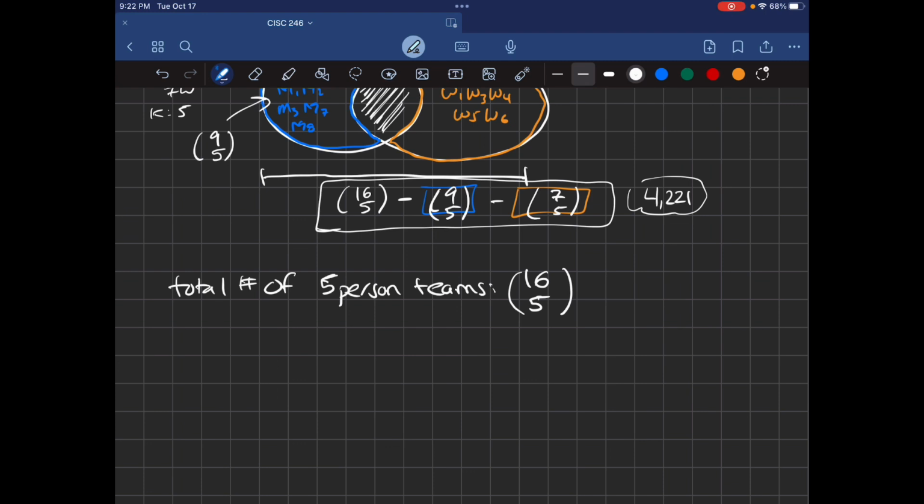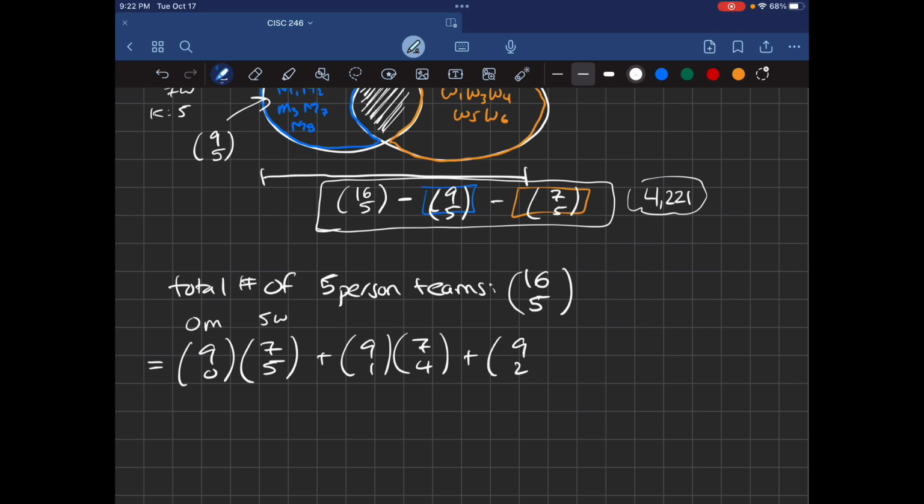And that is equal to, well, we could do 9 choose 0, so this would be where there's 0 men and 5 women, or you could have a team where there's 1 man and 4 women, and so forth.